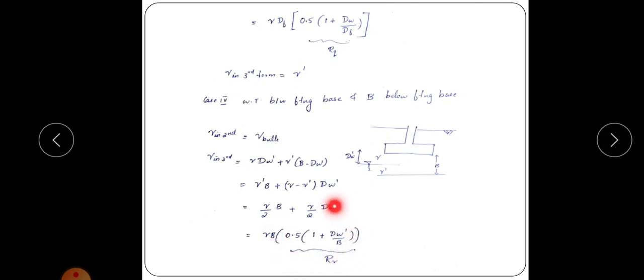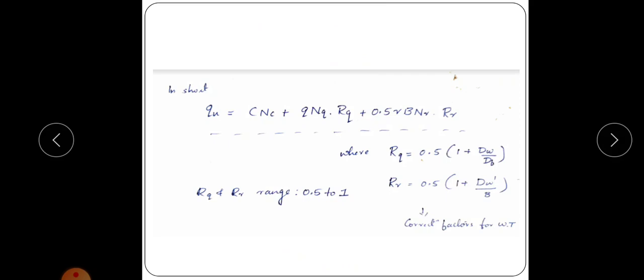That is, in the third term there is an introduction of another parameter, replaced as a constant r gamma, and its value is 0.5 into (1 plus dw dash by b). Okay, so here also in the third component this new parameter came, and in the second component the parameter rq came. It is replaced by rq and r gamma. So in general we can summarize this into a single equation.